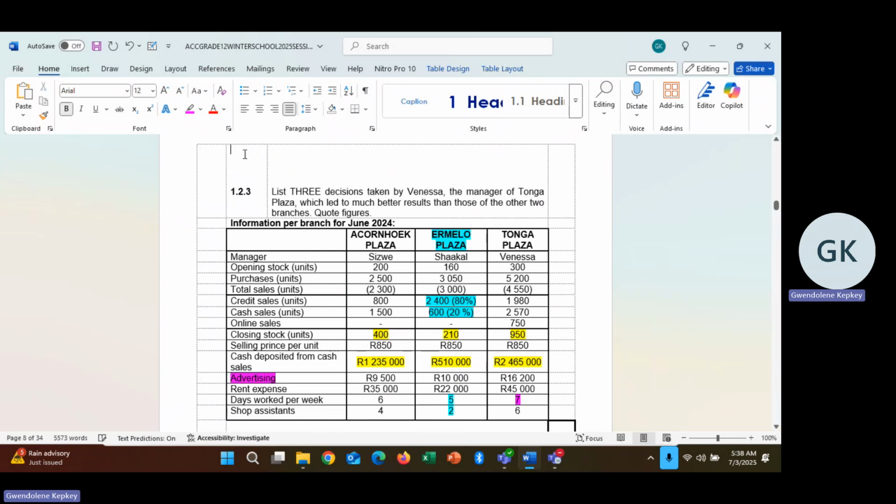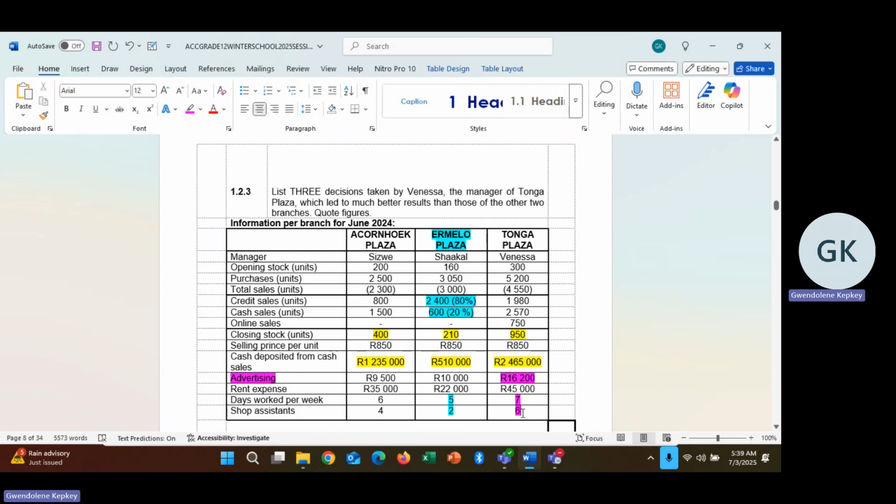Now, you clearly know at this point in time that advertising impacts your sales. If you are prepared to spend money on advertising or marketing, it will have a positive impact on your sales. Then what the business also has that is more than the others, they have in total 6 shop assistants, which tells you they're giving good service to their clients.